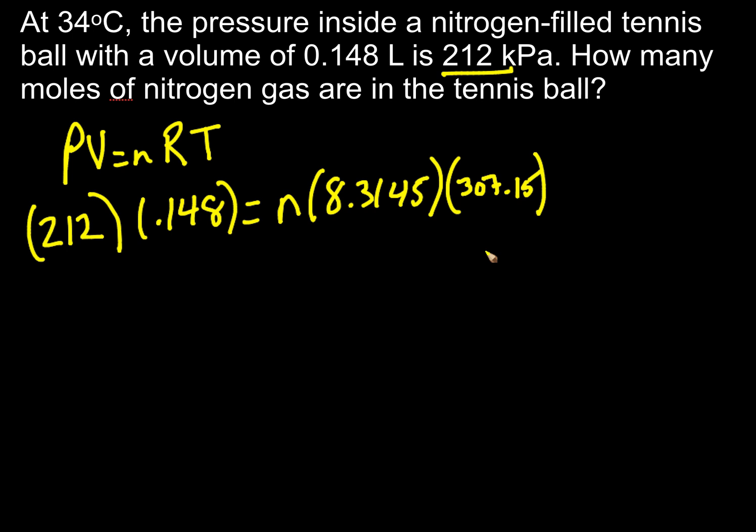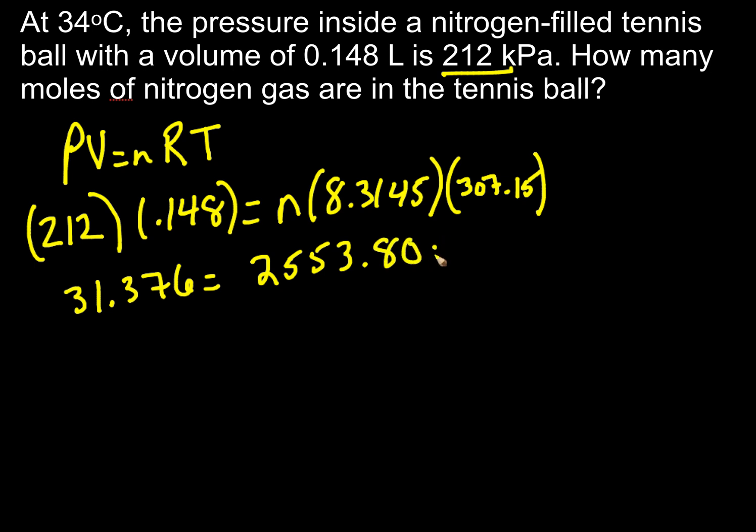So now, 212 times 0.148 is 31.376 equals 8.3145 times 307.15, and we get 2,553.798, so we'll just say 2,553.80, and then n.